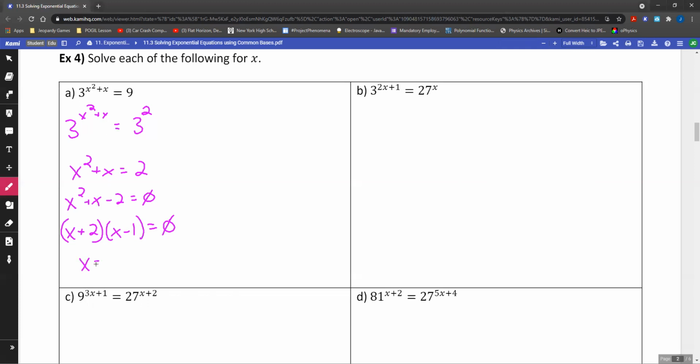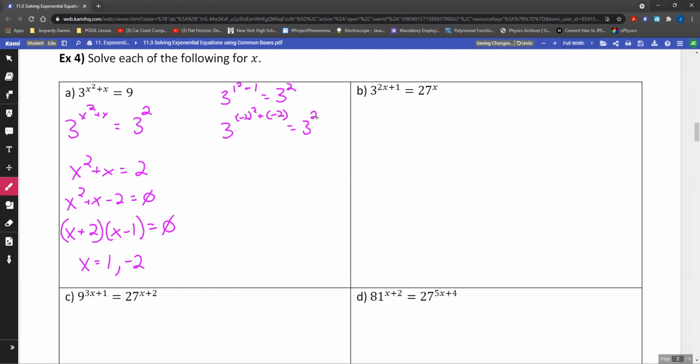So from here, we get x equals 1 and -2. Again, I highly recommend that you check out both these numbers, but we would see that 1 squared plus 1 is another way of saying 3 squared, and 2 squared plus -2 will also get me 3 squared.